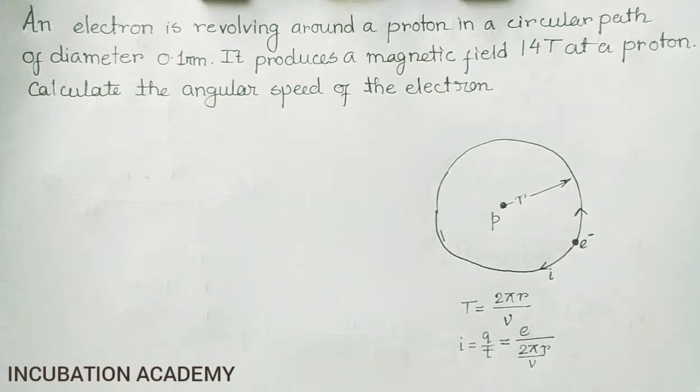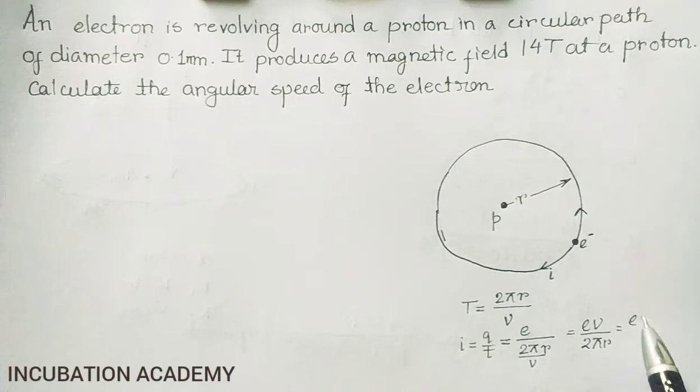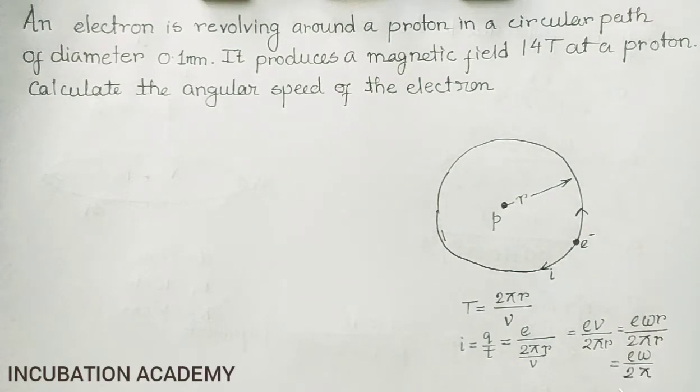The v goes upwards, so it becomes e v divided by 2 pi r. Since v equals omega r, it becomes e omega divided by 2 pi. So we are basically trying to find this omega.